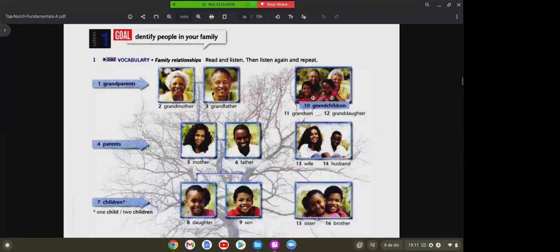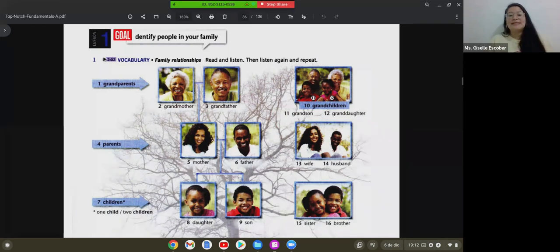Brian. Erika, number 9. Son. Grandchildren. Grandson. Granddaughter. Wife. Husband. Sister. Brother. Perfect. So there we have 16 words.